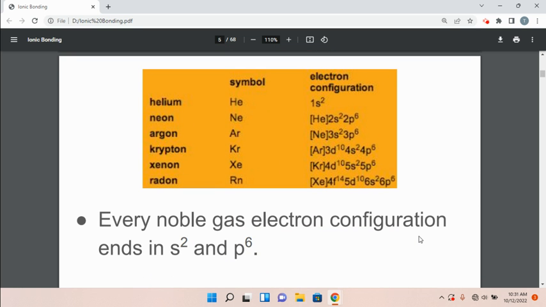Again, with the exception of helium. Helium can't because helium doesn't have any p orbitals in it. So every noble gas electron configuration ends in s2p6, and well, 2 plus 6 is 8. This part of the electron configuration is important in understanding why the noble gases are stable.